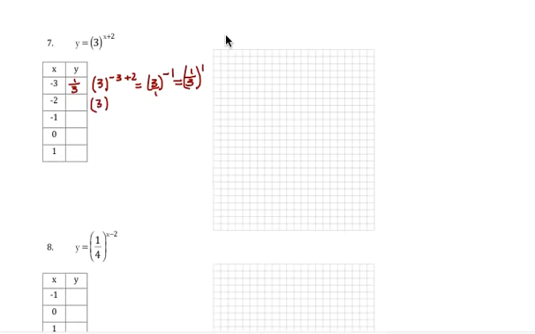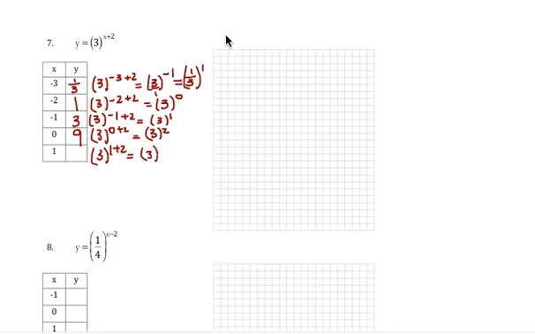Okay, 3 to the negative 2 plus 2, which is just 3 to the 0 power, which is 1. 3 to the negative 1 plus 2 is 3 to the first power, which is just 3. 3 to the 0 plus 2 is 3 to the second power, which is 9. And 3 to the 1 plus 2 is 3 to the third power, which is 3 times 3 times 3, 27.